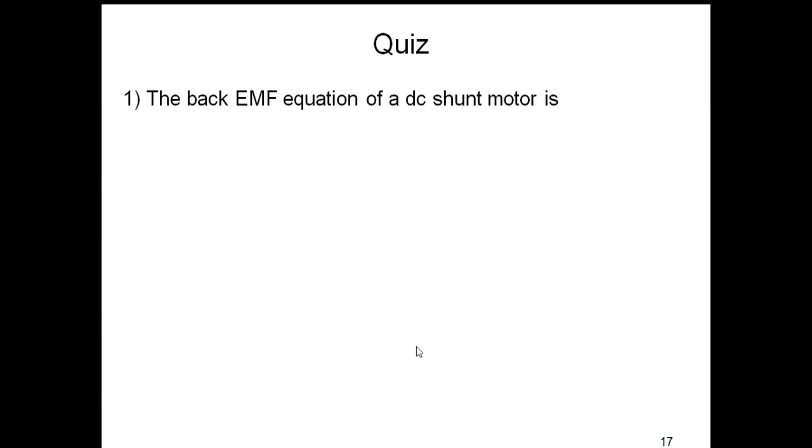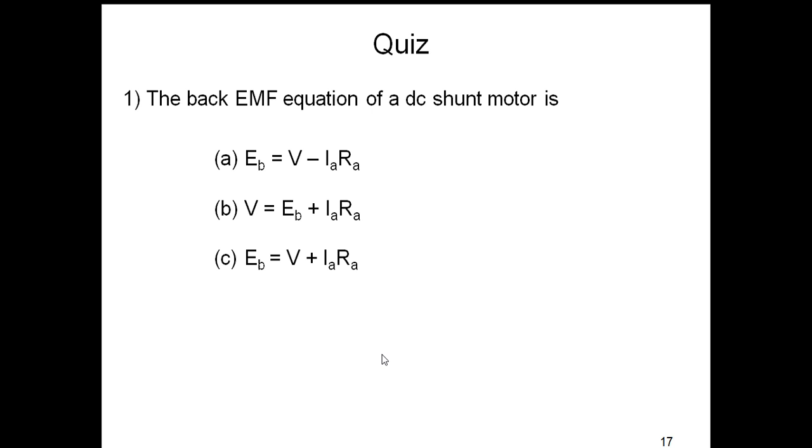The back EMF equation of a DC shunt motor is: option A, EB is equal to V minus IaRa; option B, V is equal to EB plus IaRa; option C, EB is equal to V plus IaRa; and option D is none of the above.